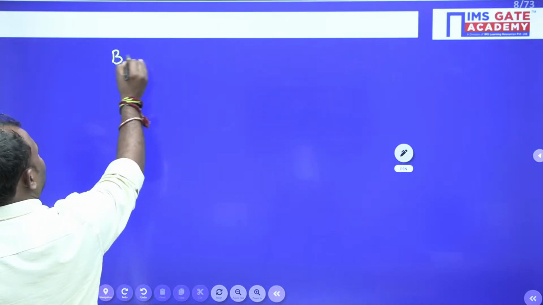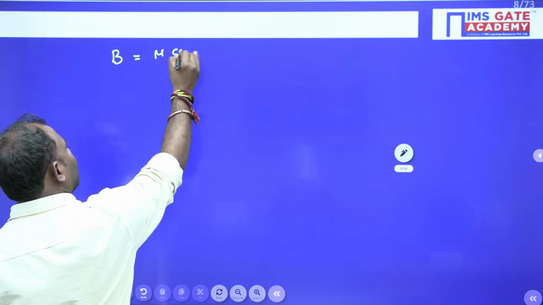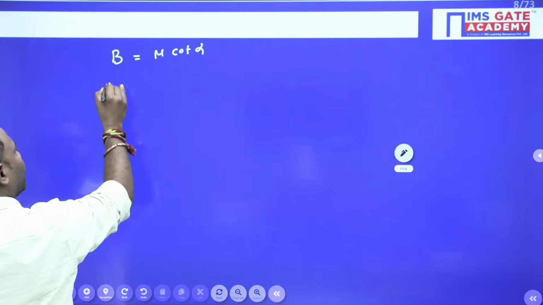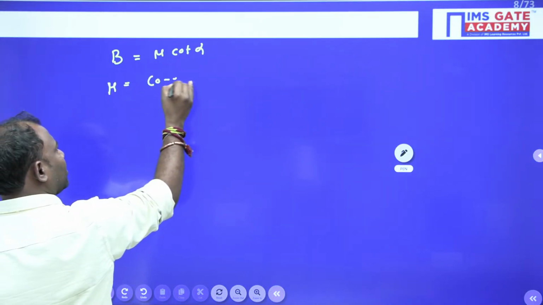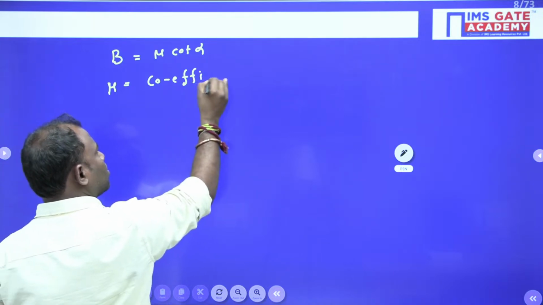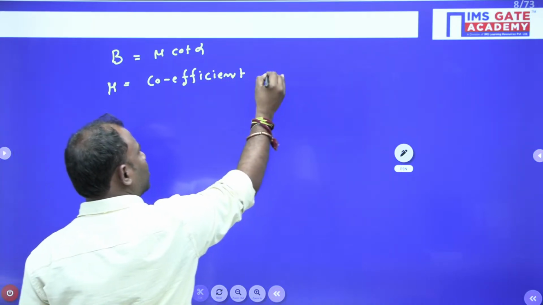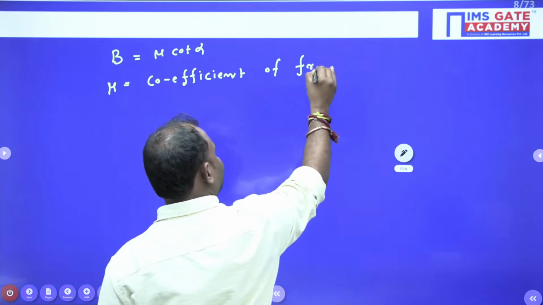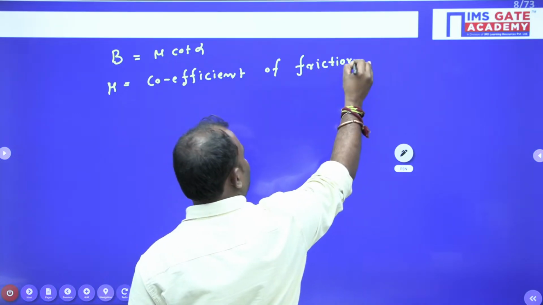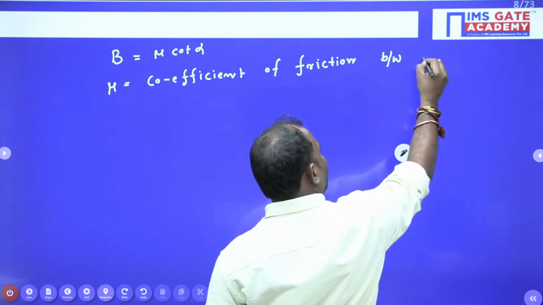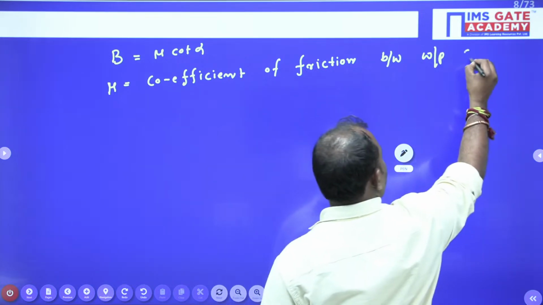Okay. Now let us calculate that B. So B is equal to mu cot alpha, where mu is the coefficient of friction between workpiece and die.